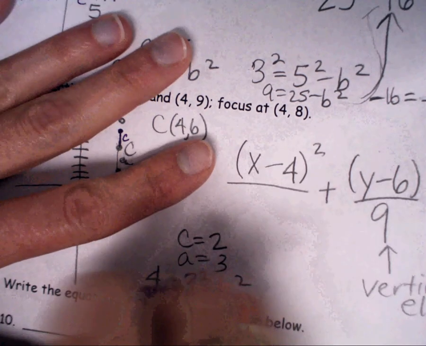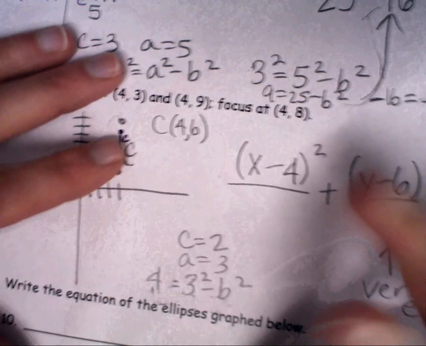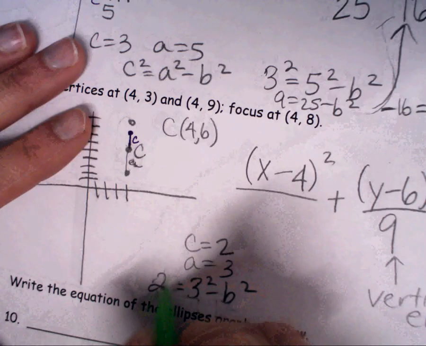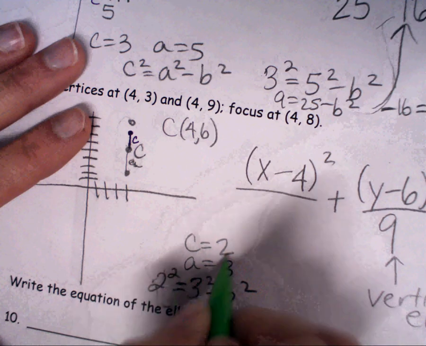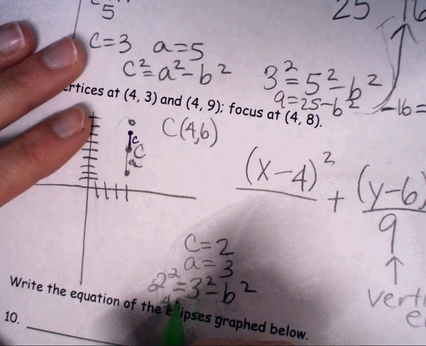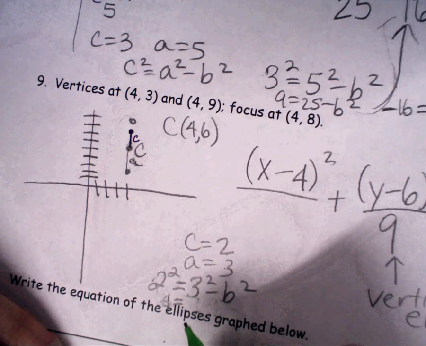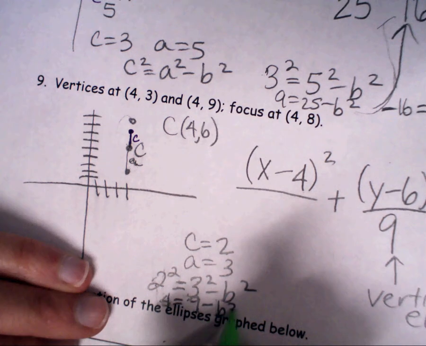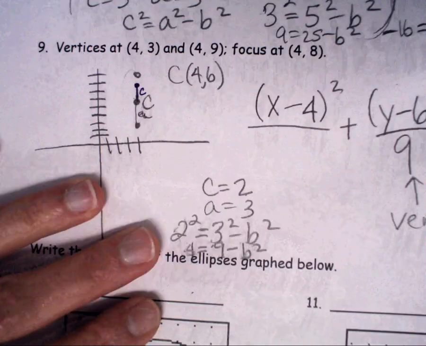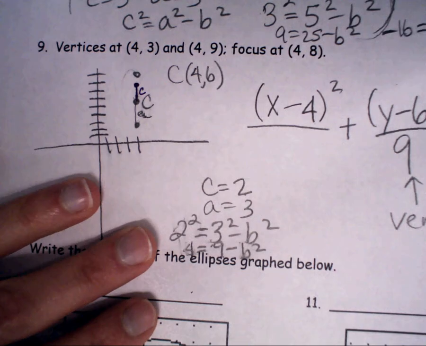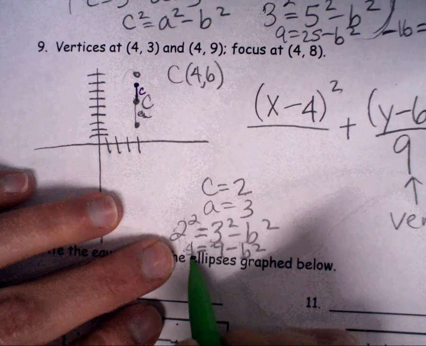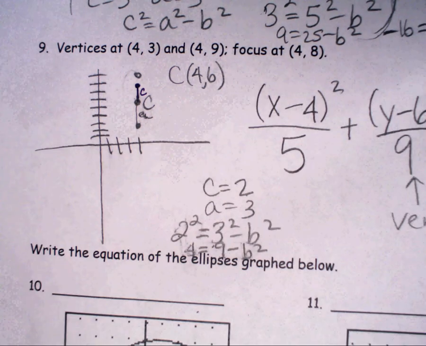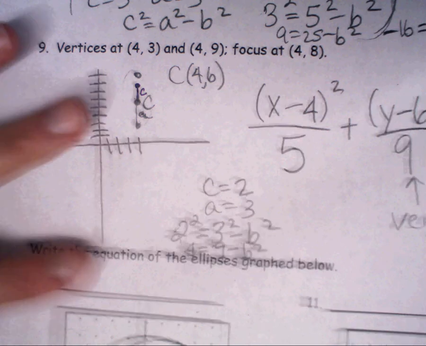Everybody see what I did there? Go figure, I made a mistake. I should have written c squared, c is 2, so 4 equals 9 minus b squared. I was going to end up with a negative b, which is how I knew I did something wrong, because a, b, and c cannot be negative. So when I subtract 9, I get negative 5, but it can't be negative, so I divide by negative 1, so there is my final equation.